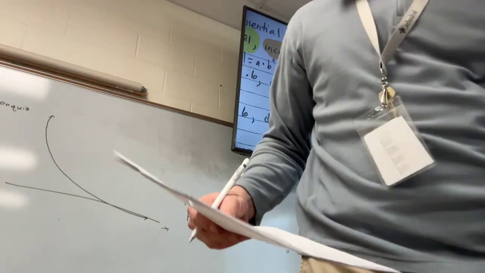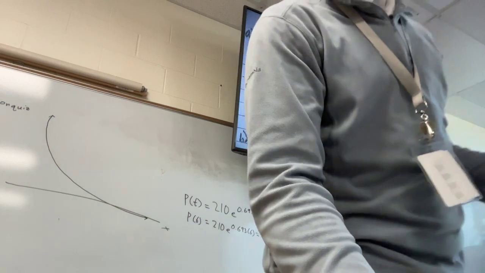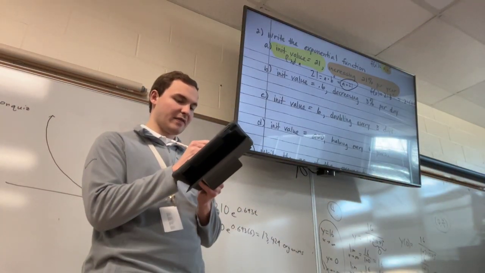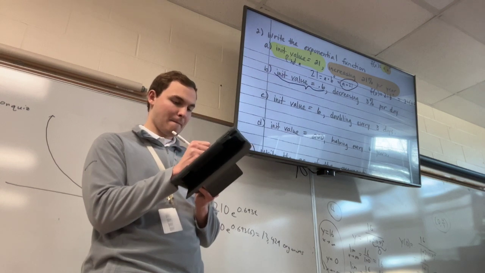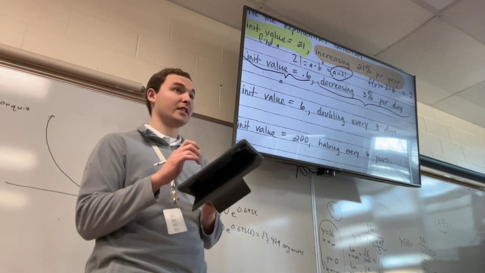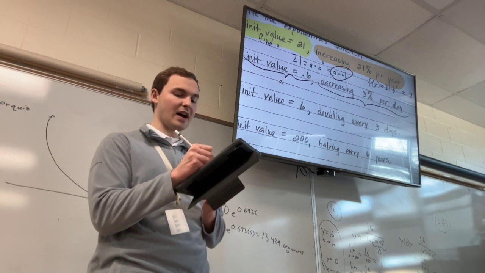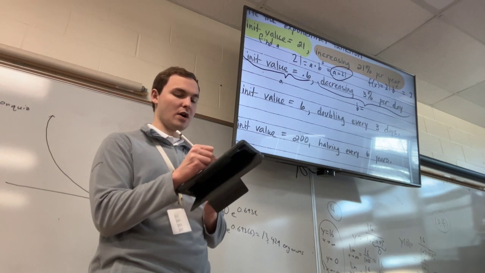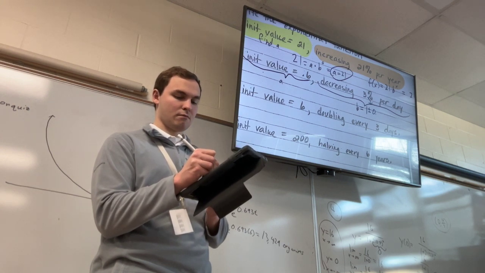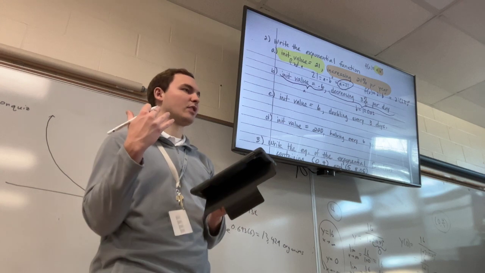No? Okay. So if you notice, there's a little pattern forming here. The initial value is just going to be equal to a. And then however much it increases or decreases by, b is going to be equal to 1 plus or minus this number they give you here, depending on whether it's increasing or decreasing.